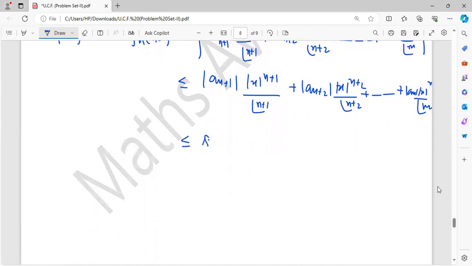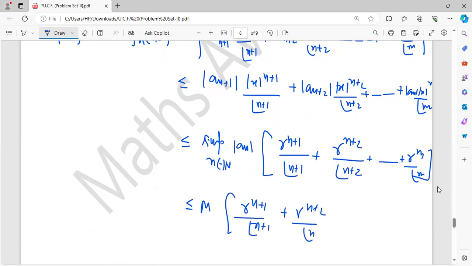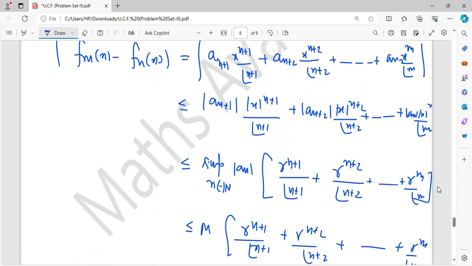So this is less than the supremum of |an|, and I can take r here because I am taking the closed interval minus r to r. So r to the power n+1 upon factorial n+1, r to the power n+2 upon factorial n+2, up to r to the power m upon factorial m. This is bounded by M times this sum.